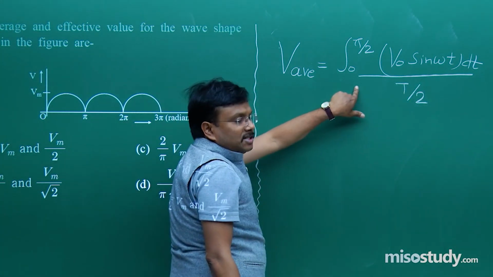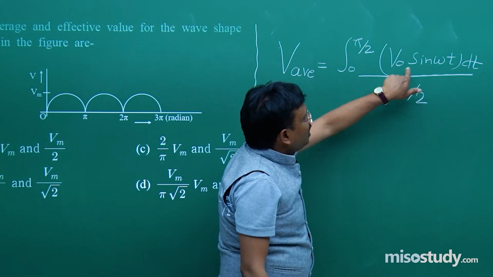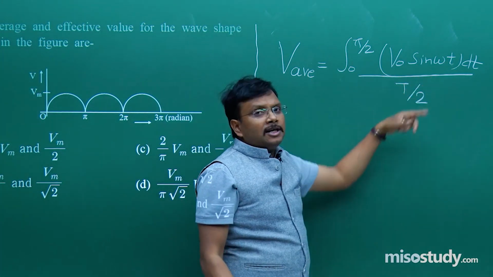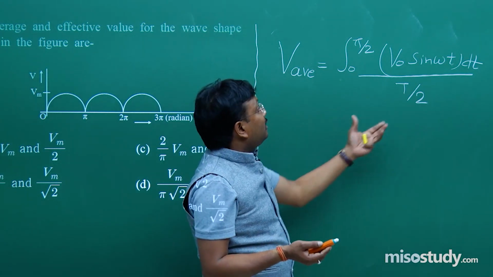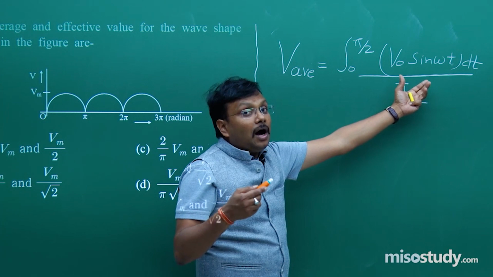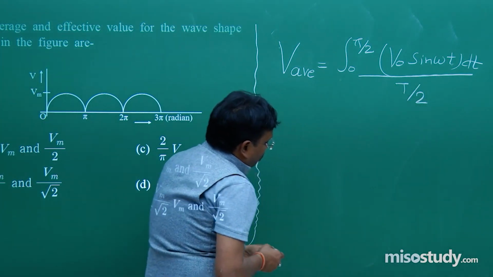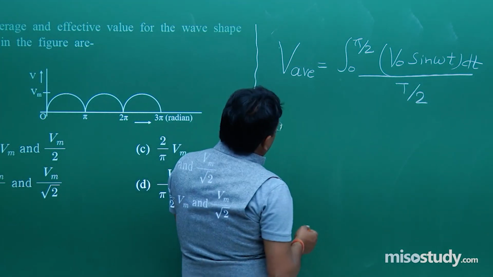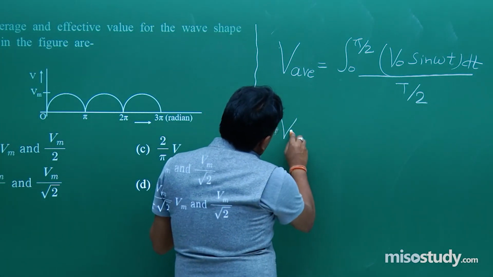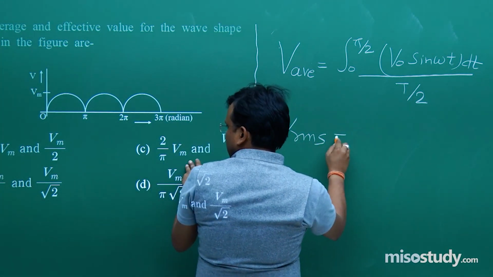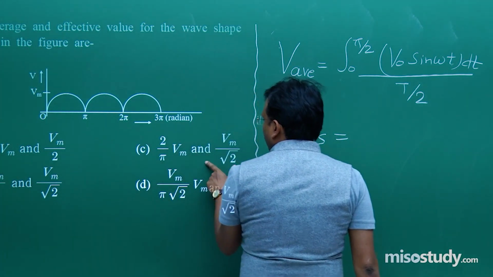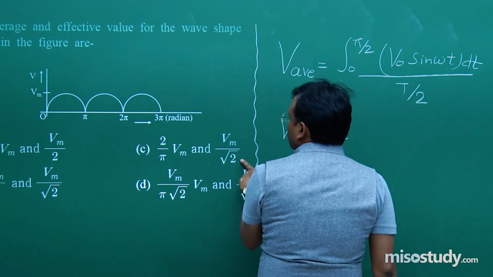Now integration is not a problem. V naught sine omega t dt, take V naught out, integrate sine omega t dt accordingly, and then put in the values. Obviously you will get the terms in the form of the cos term. Fine. So once you get the values in the form of this cos term, then finally you can say that V average is equal to 2 by pi Vm, and VRMS is Vm by root 2.